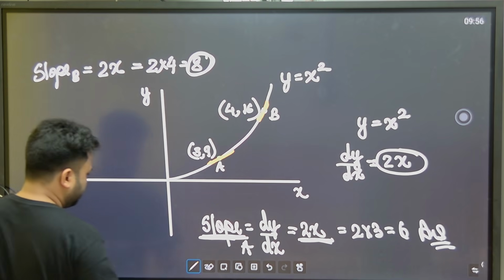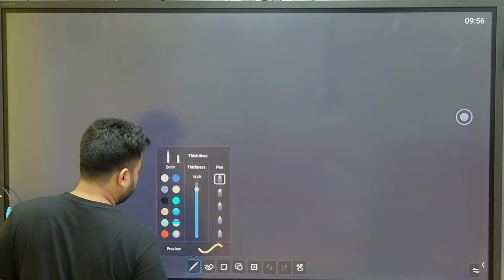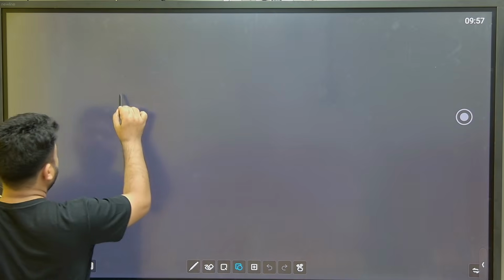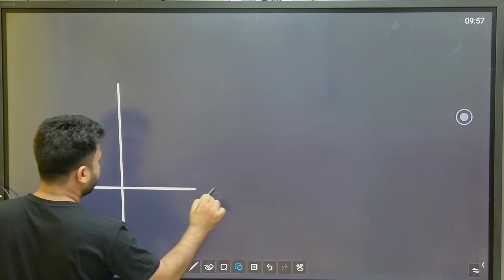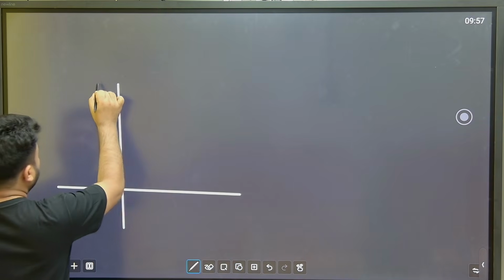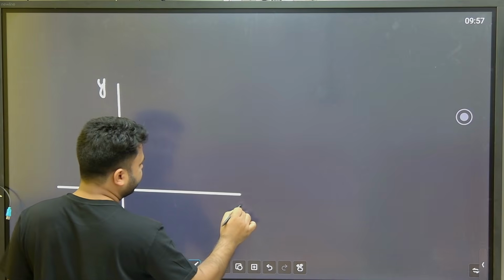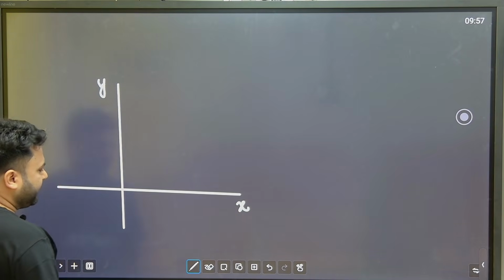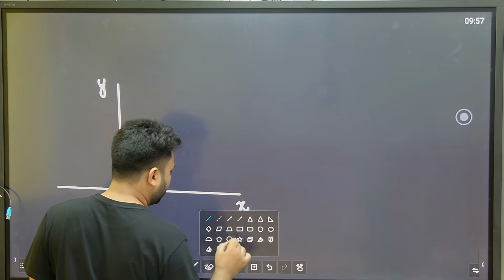See, if this is y-axis, this is x-axis, and if our graph is like this, suppose this is our graph.